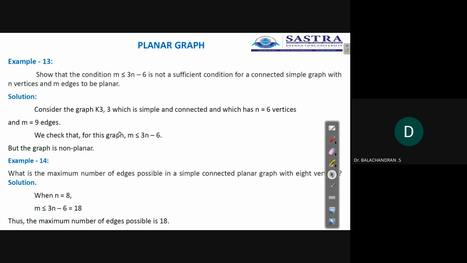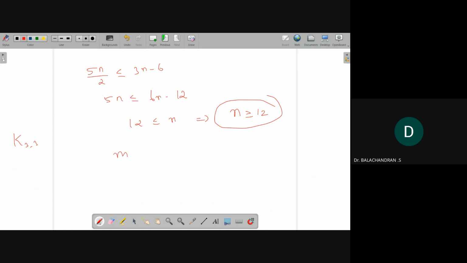So we check for this graph m less than or equal to 3n minus 6. What is m? Sorry, m is 9. 9 is less than or equal to 3 into 6, 18 minus 6, which is 12. So actually this is satisfied.